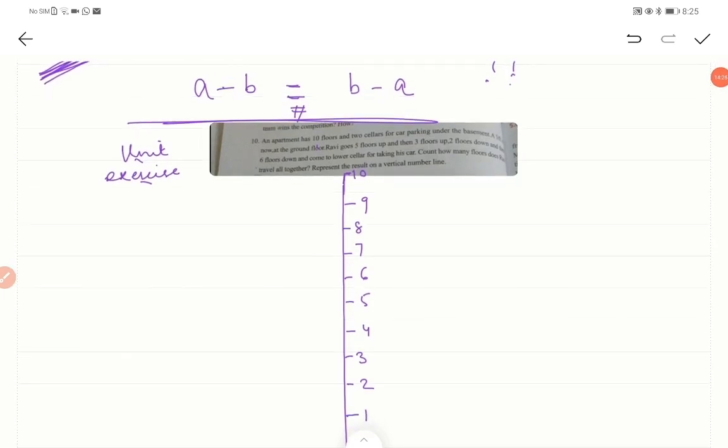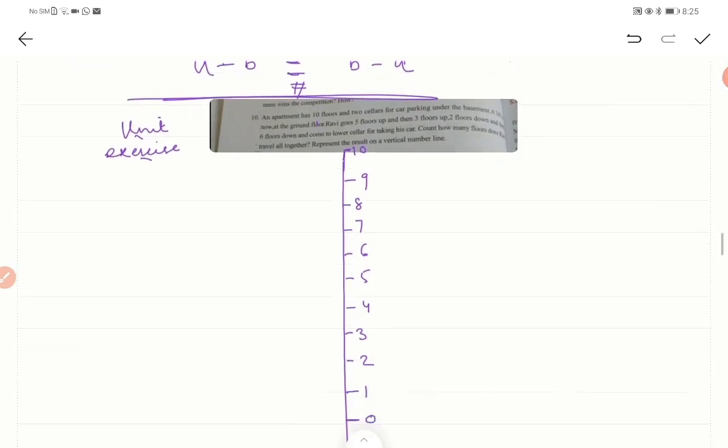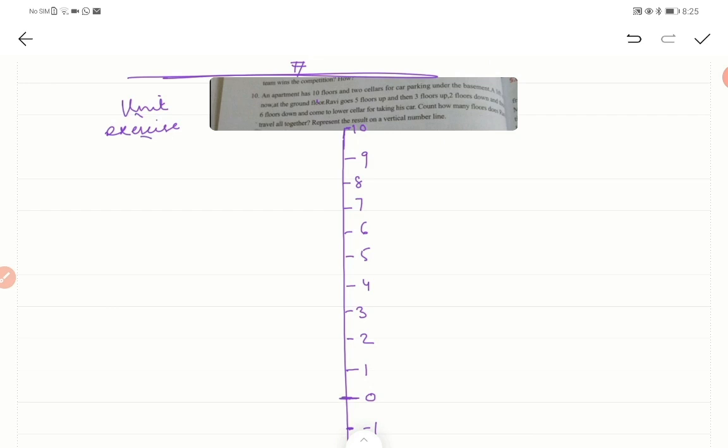So what they are saying, there are 10 floors. I have my ground floor here, 10th floor here, and the lift is here initially. Ravi is going 5 floors up, that is +5.